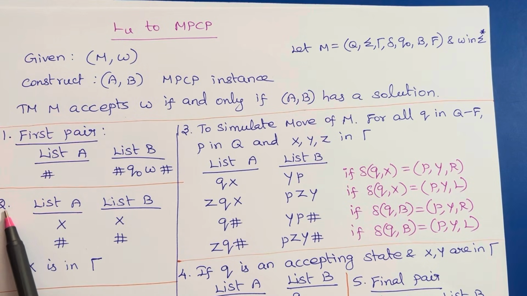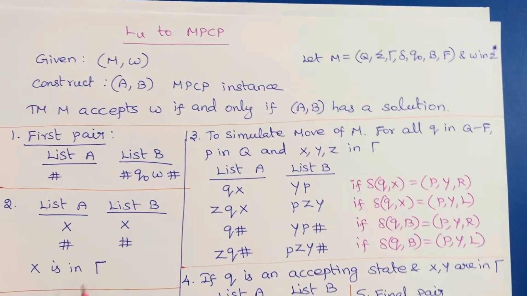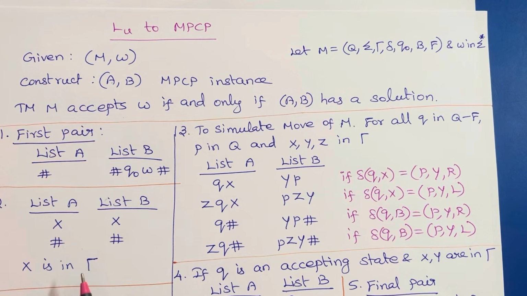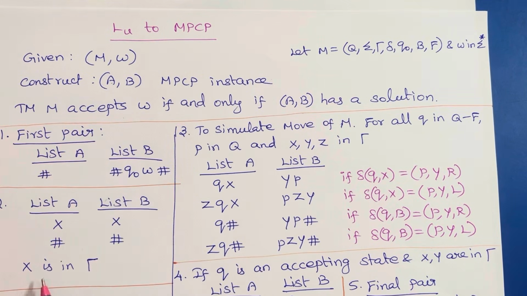And the second rule has to be written for the tape symbols. Here X means any tape symbol, but except blank. Blank will not be used for MPCP. So X means all the tape symbols except blank.